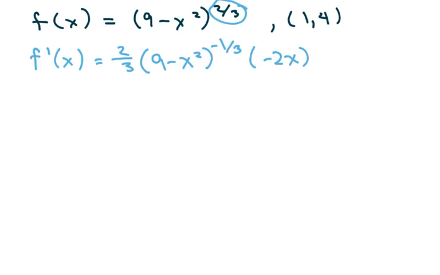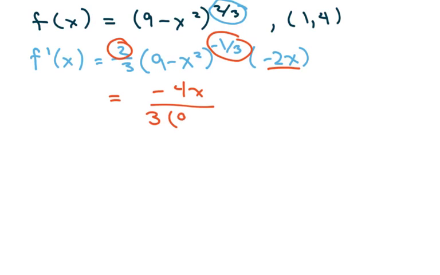Now, cleaning all this up, you multiply these two, so it's going to be -4x. This 3 is in the denominator, and then I had to move the other term to the denominator, so this is going to be 9 minus x squared to the 1/3 power.